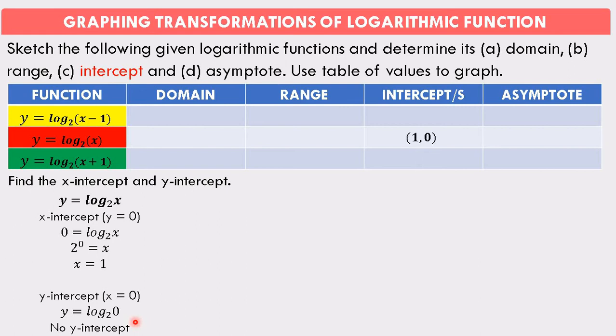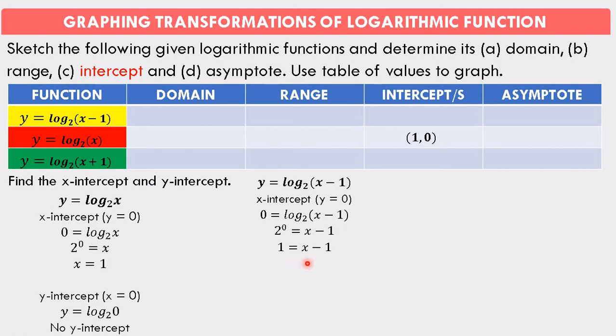Next, the function y equals logarithm of (x minus 1) to the base 2. For the x-intercept, we have 0 equals logarithm of (x minus 1) to the base 2. Transform this into exponential form. We have 2 raised to 0 equals x minus 1. Simplify, we have 1 equals x minus 1, transfer negative 1, x equals 2.